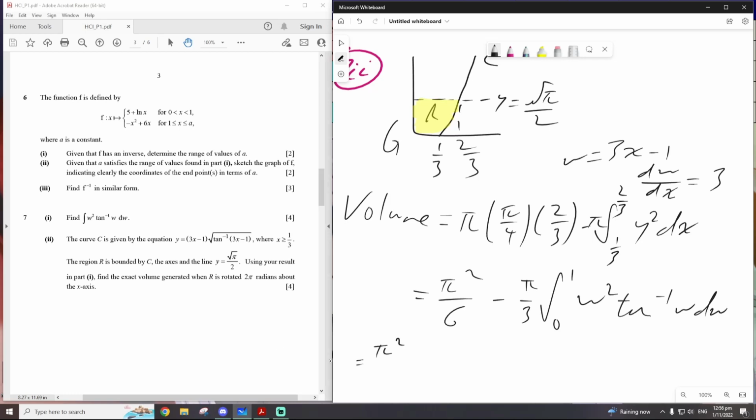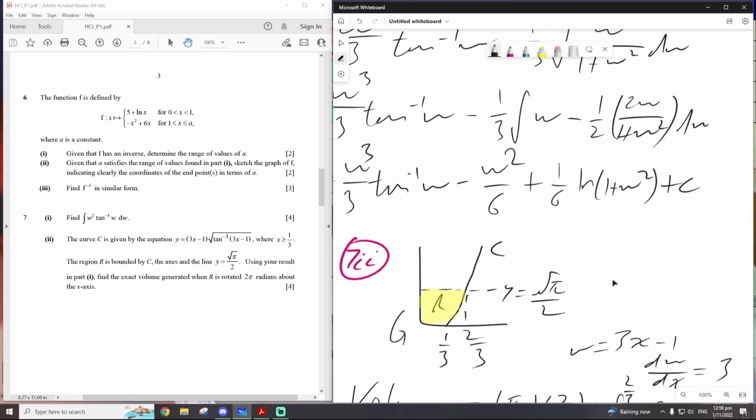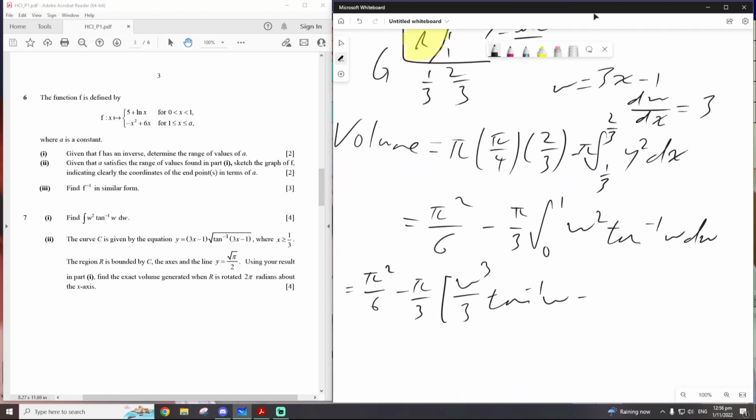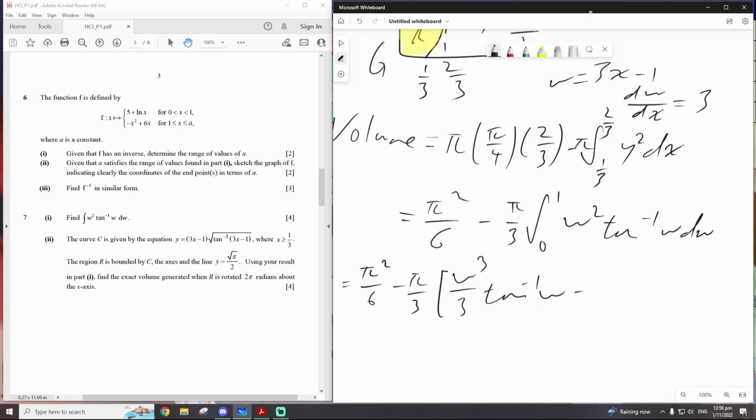So we get pi squared over 6 minus pi over 3 times, I think we have w cubed over 3 tangent inverse w minus, what is it, w squared over 6 plus 1 over 6 ln of 1 plus w squared. And this is going from 0 to 1.